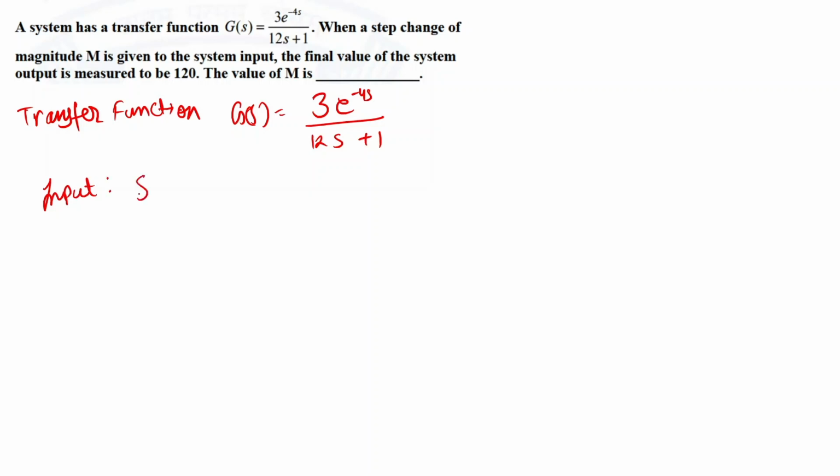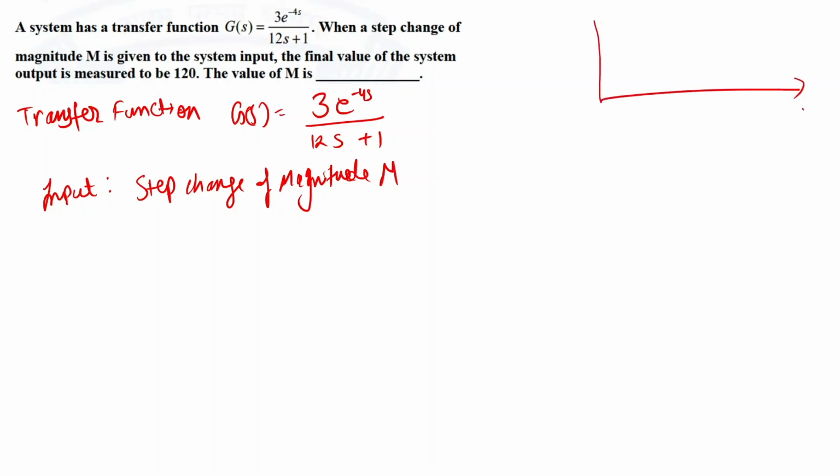So the input is a step change of magnitude m. Let's consider the system is at steady state over here, and at this point, called t equal to 0, we are giving a step change of magnitude m.